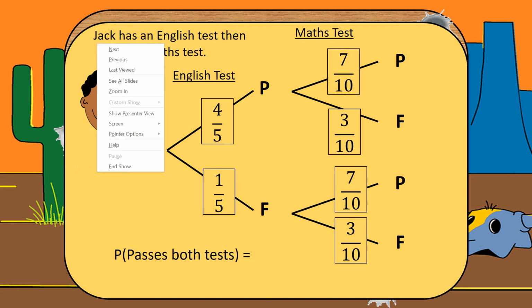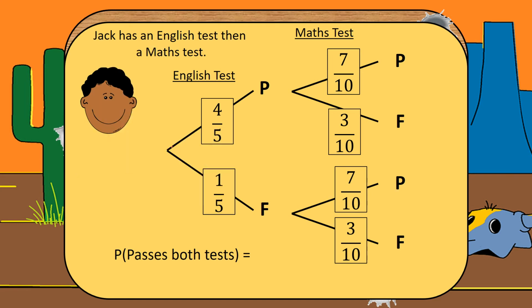So he needs to go P and then P. He needs to end up here. So again, let me know when you've got an answer. P and then P. So you've got this, and then you've got this. What's that going to give us? You've got an answer, Riley? Yeah.